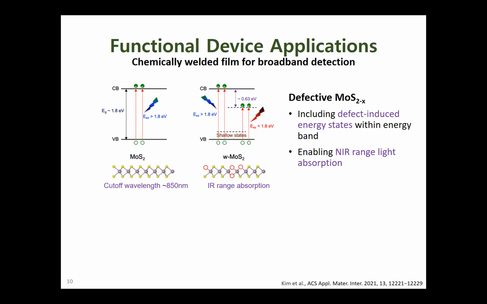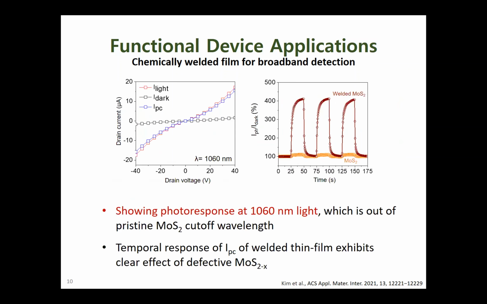Also, unlike pristine MoS2 flake, defective MoS2-x possesses a defect-induced energy state within the energy band, which can make NIR range absorption possible. To examine the photoresponse under NIR range, we perform the photodetection measurement under a 1060 nanometer laser.